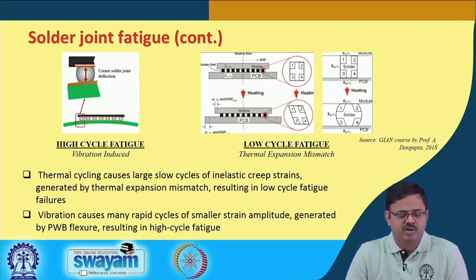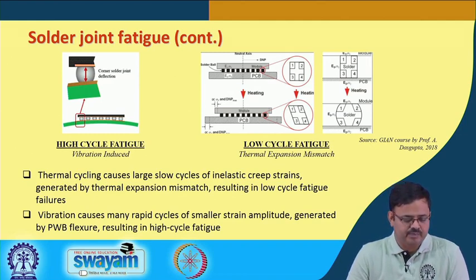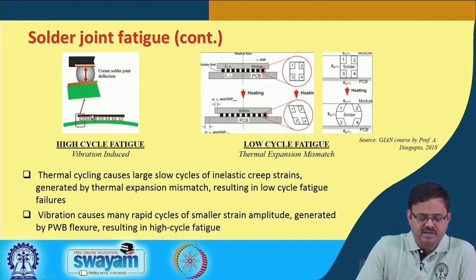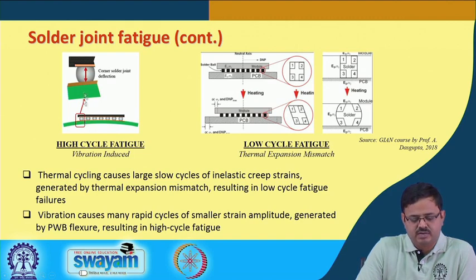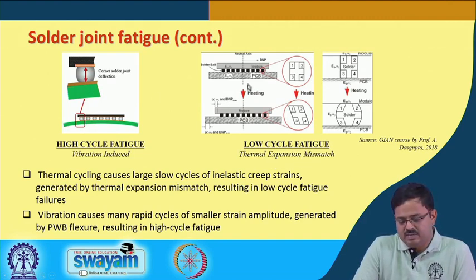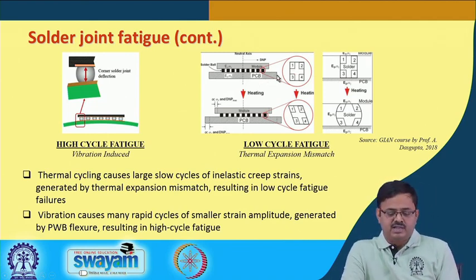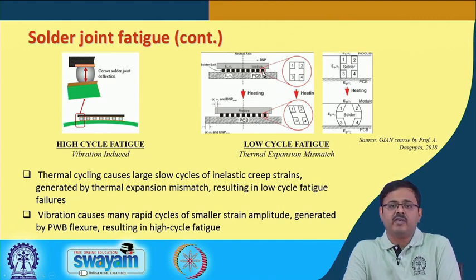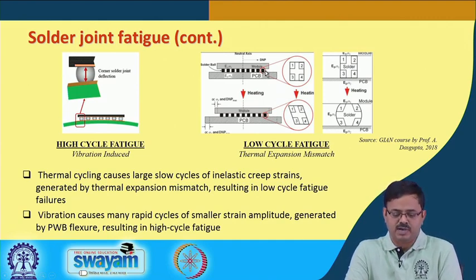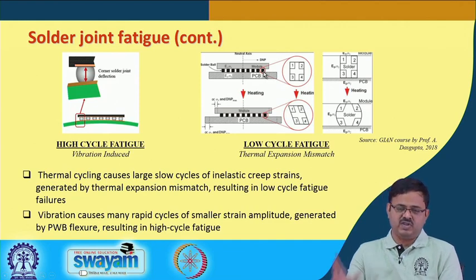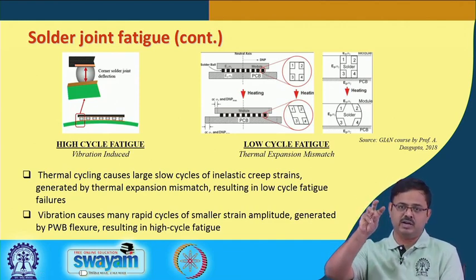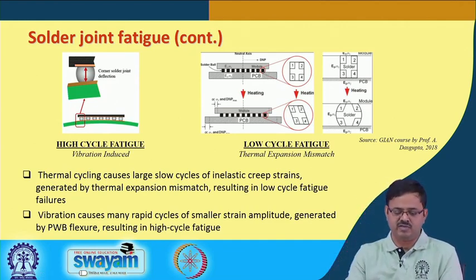So, if you look at the solder joint fatigue in more detail, high cycle fatigue is more vibration induced, and low cycle fatigue is more due to thermal expansion mismatch. What we were talking about before was a kind of global mismatch. So, this solder joint, we were seeing it as a single body undergoing deformation because of unequal expansion.